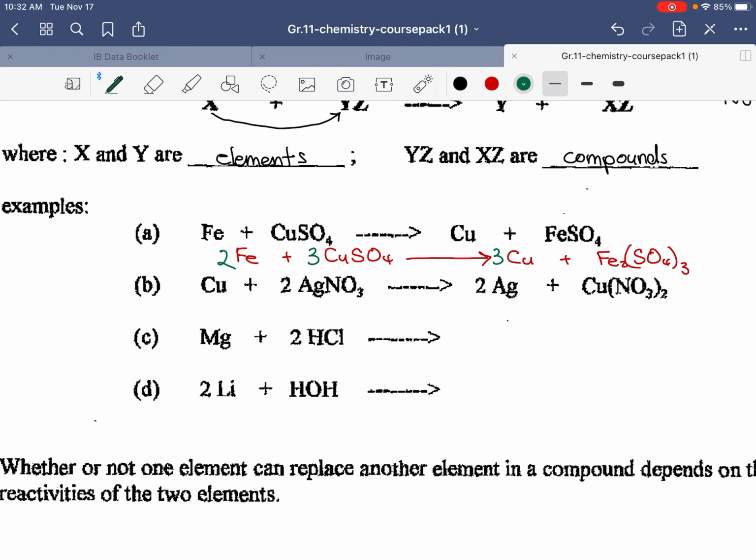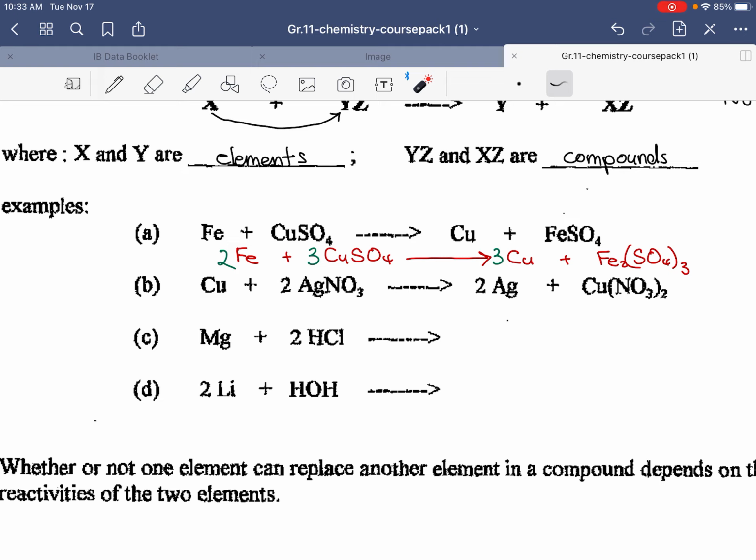Yeah, it looks pretty balanced. So make sure you do that, and make sure you recognize the fact that iron has multiple charges. Iron in a single displacement reaction will displace the other metal, leaving this metal all alone. And this iron is hooked up with the sulfate that you see right here.